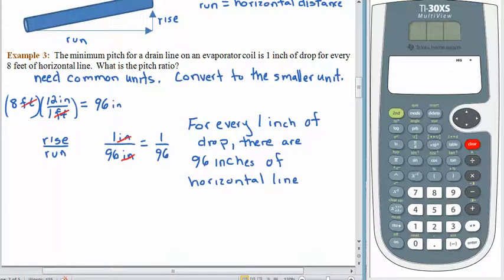So you can have a really long amount of horizontal line, and that's fine, but every 96 inches you have to have a drop of 1 inch, and then we keep doing that over and over.